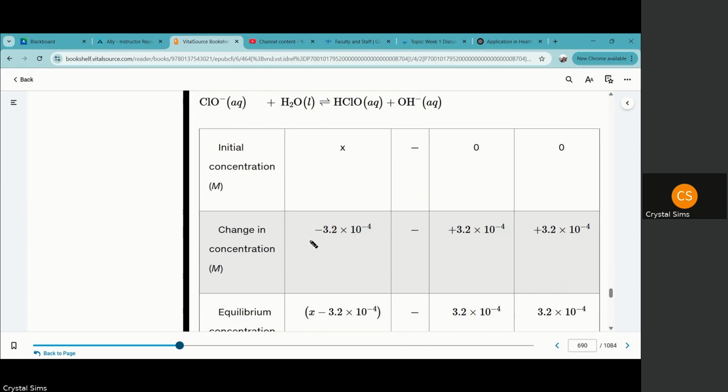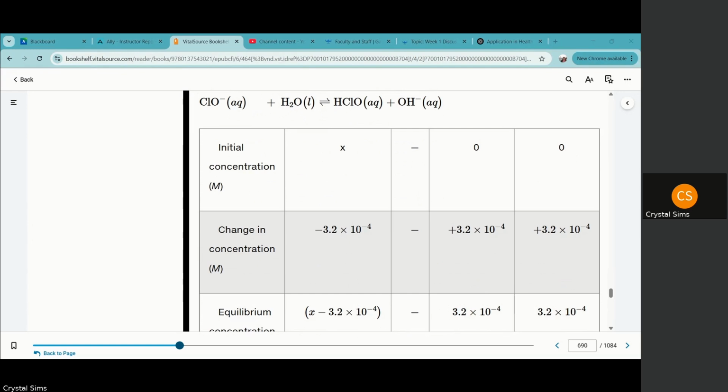So then we don't know our initial concentration. That's what we've got to figure out. But we know that the change is going to be minus 3.2 times 10 to the negative 4. So here is our equilibrium concentration for the hypochlorite ion. Okay, so that's what we've got to figure out. That's our weak base. That's what we're trying to figure out.